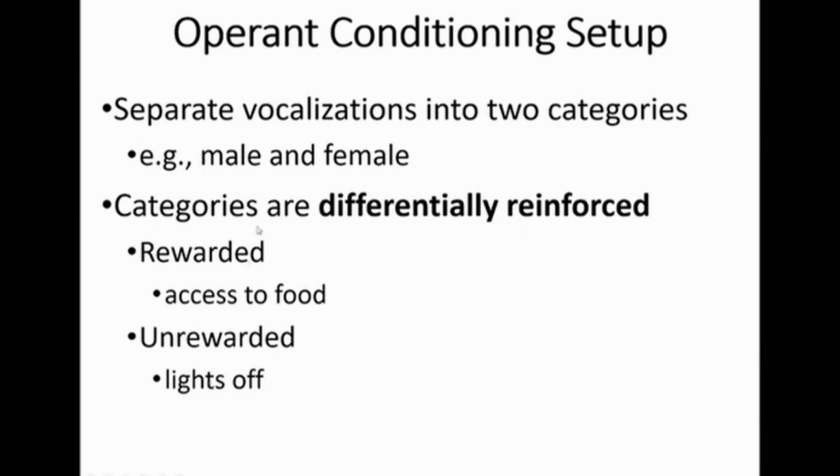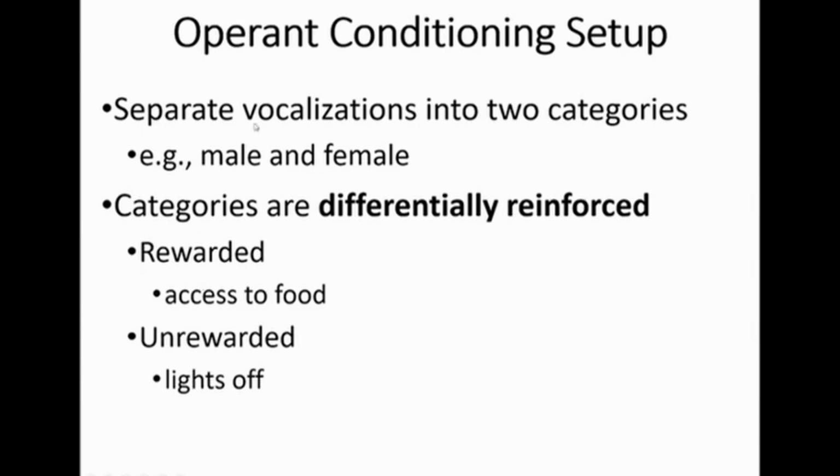And so we can have, say, male calls as our rewarded calls. If they make a response, like a rat pressing a lever, when they hear a male call, they would get rewarded and they get access to food. So they learn that male calls are good, they produce a good outcome. They learn that the response of pushing the lever, or as we'll see in a minute, making another response, when a stimulus of a male call is present, gets them a good outcome, that access to food.